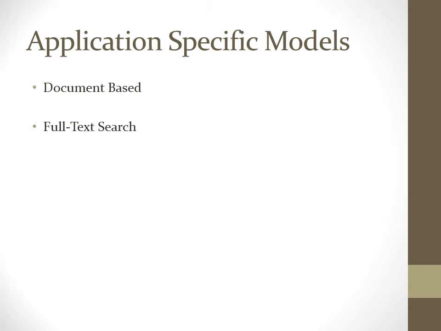And your full text index goes through and searches each document within that database and produces a list of keywords and where those keywords exist within certain documents. So these application-specific databases and models can have significant improvements over traditional relational models.